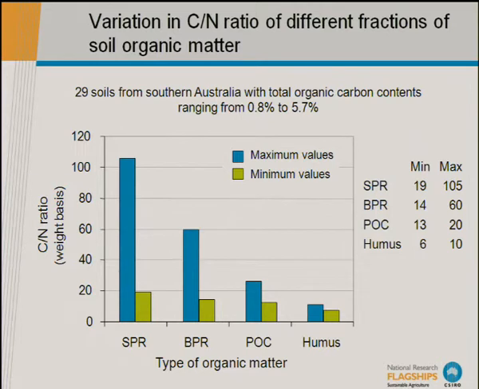Excuse me, and yeah, just getting back to this idea that there is a large difference in carbon to nitrogen ratios, carbon to nutrient ratios in general, of these different fractions. So this is showing basically the range of values for some of these different pools. So we see that the surface residues vary from 20 to 100.